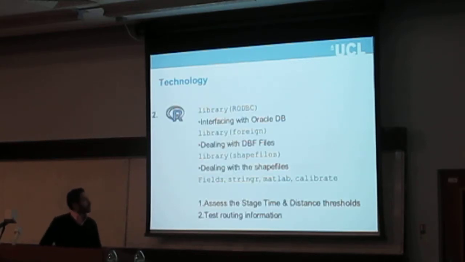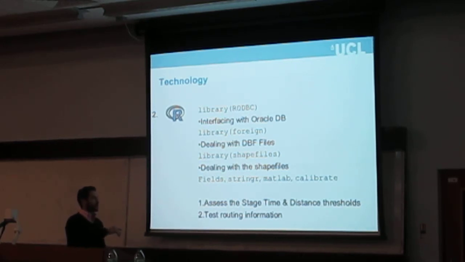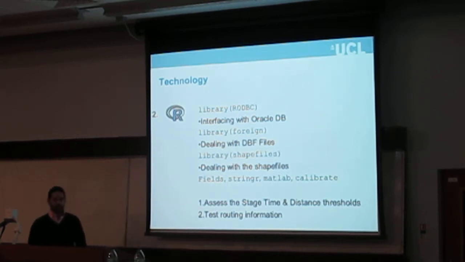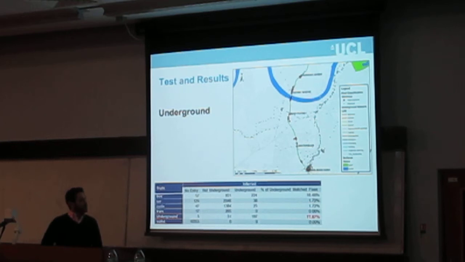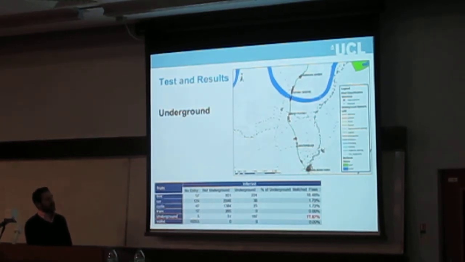And in R, we use loads of libraries to deal with Oracle, DBF files, shape files, strings and so on. We do both phases of the process in R, which is assessing the time and distance thresholds and testing the route information.